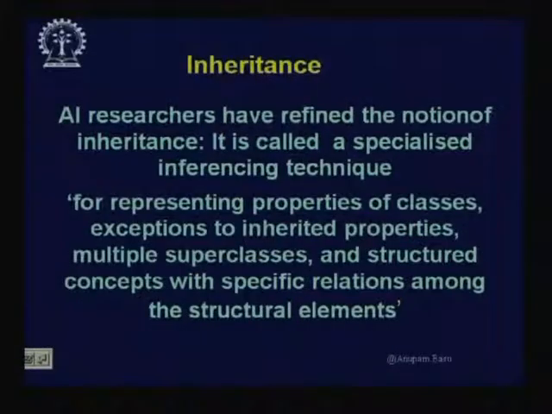Now, just read these lines a little carefully. You will realize that inheritance is a word that is very common in our vocabulary. People inherit property from their parents, from their grandparents, etc. So, it is getting some things from the predecessors, the parents.